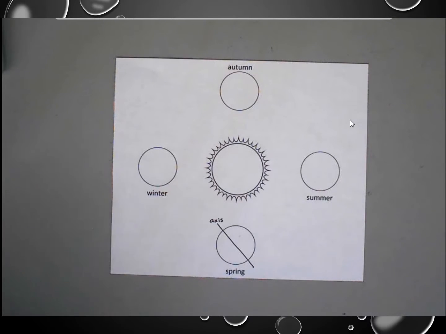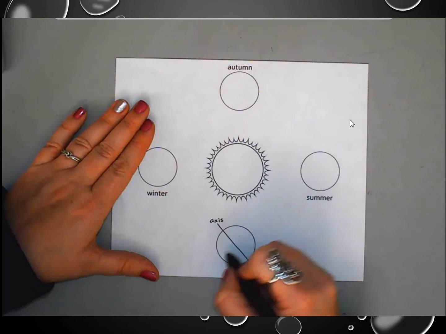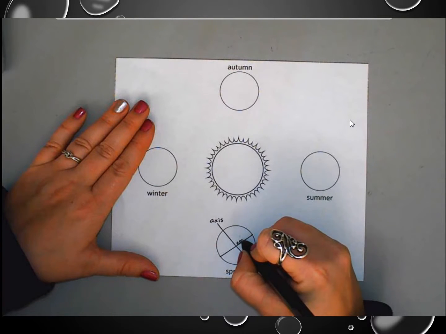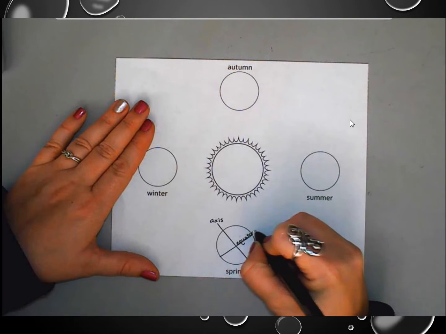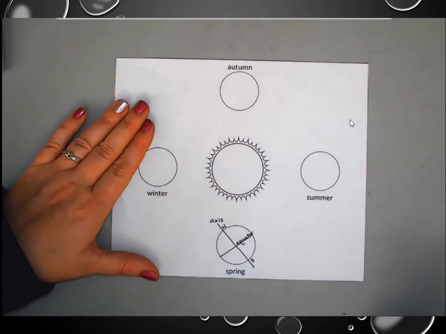And then we're going to draw our equator this way so we can see the equator and look at the northern hemisphere versus the southern hemisphere.